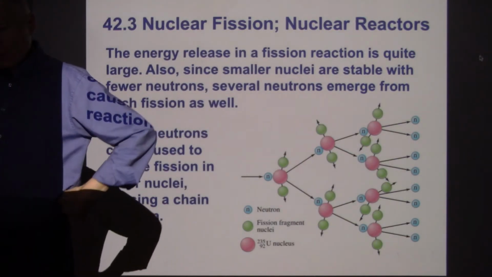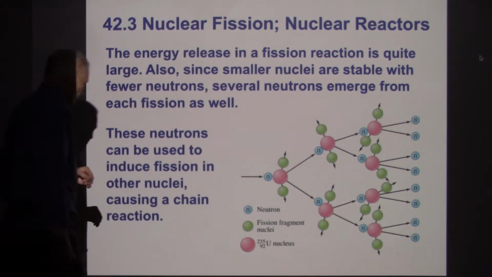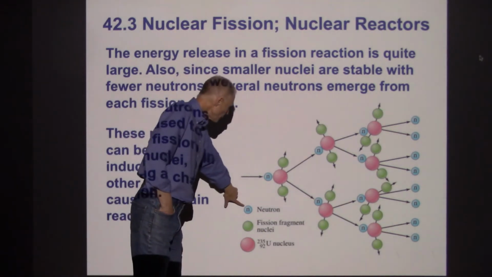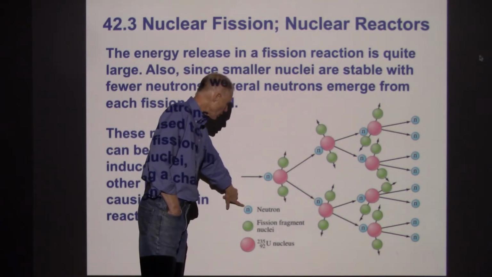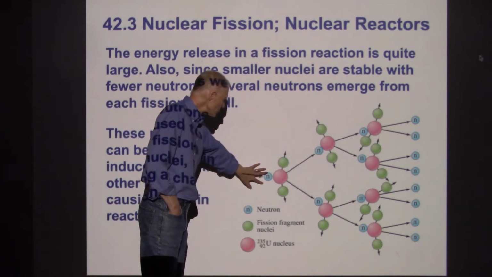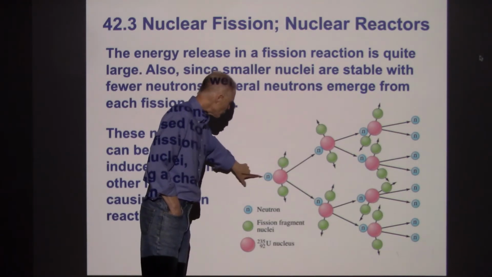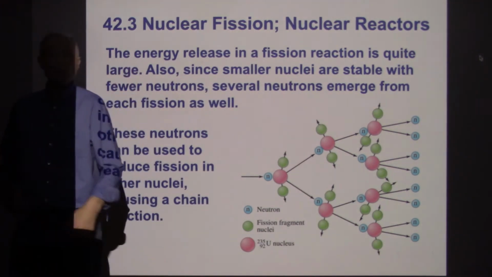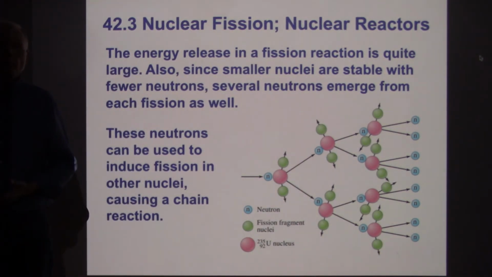Okay, now notice what happened here also, that in order for the reaction to occur, the reaction required neutrons. So where are we going to get all these neutrons from? Well, it turns out that when the uranium-235 undergoes fission, free neutrons are created, are released in the reaction.